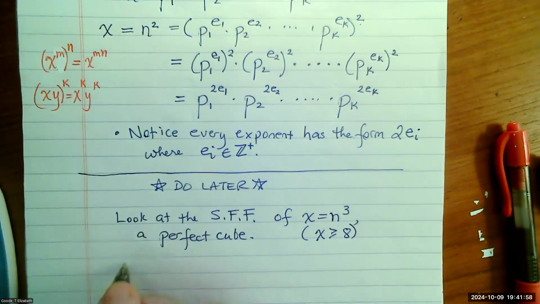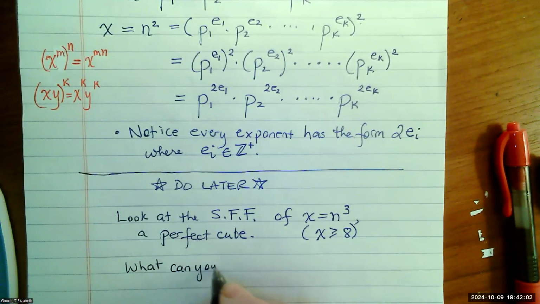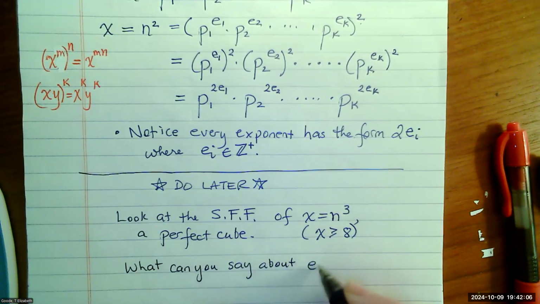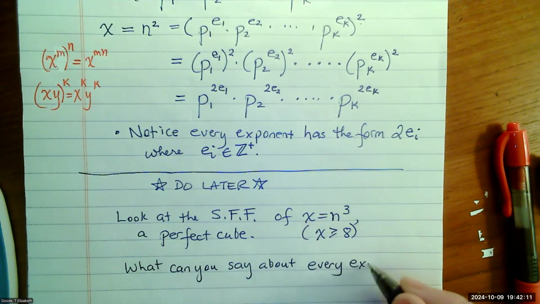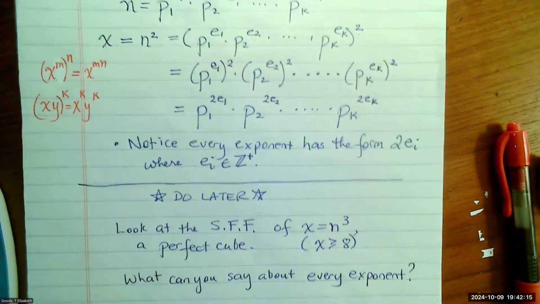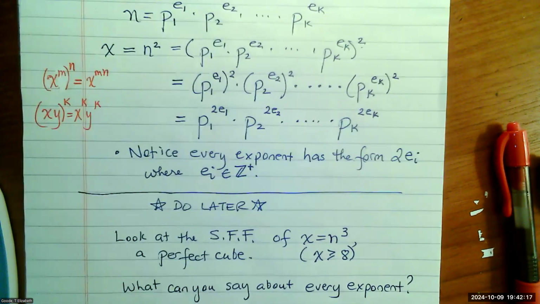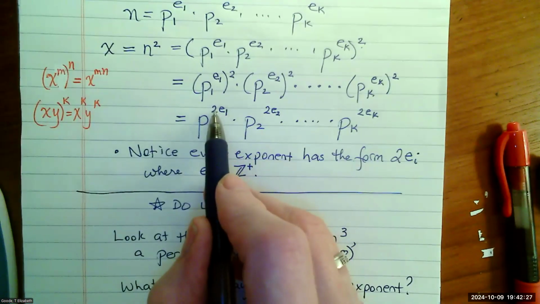What can you say about every exponent in the standard factored form of x equals n cubed? What do you think you're going to be able to say? Each is divisible by 3. Yeah, each of these exponents is going to have a 3, right?